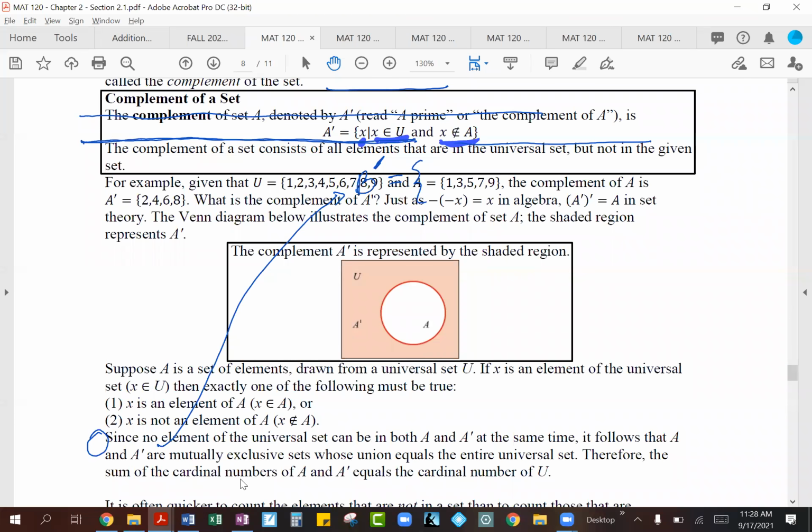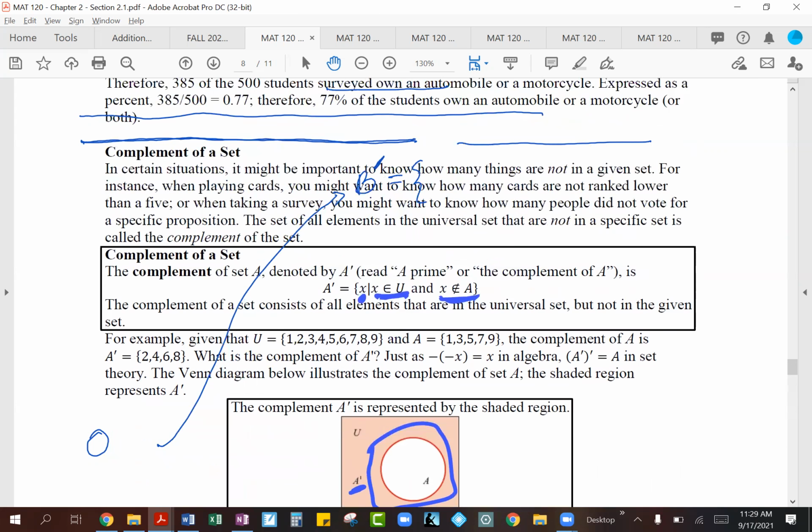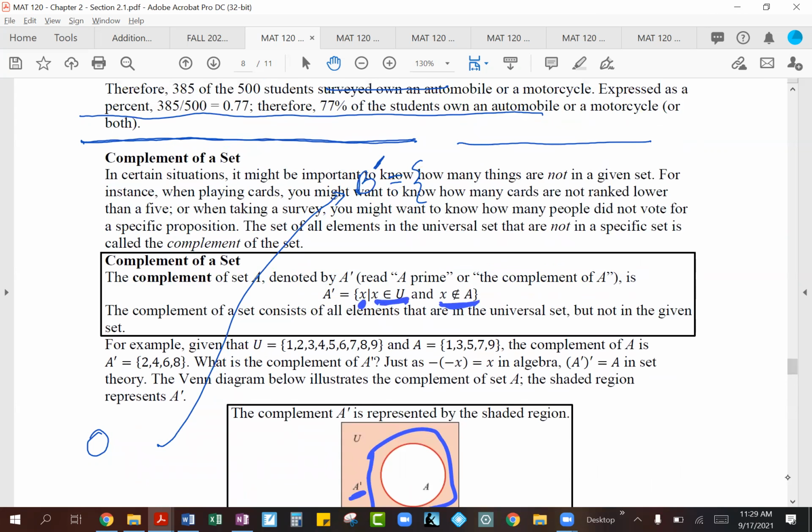Since this is set A, everything that is in set A cannot be in the complement of set A. So that's the A prime. That's why we are shading inside the rectangle, but outside of the circle for A, because the complement of a set means all the elements have to be part of the universal set, but they cannot be part of the original set A.